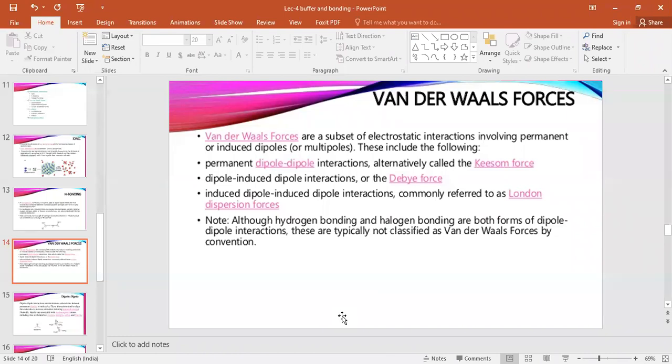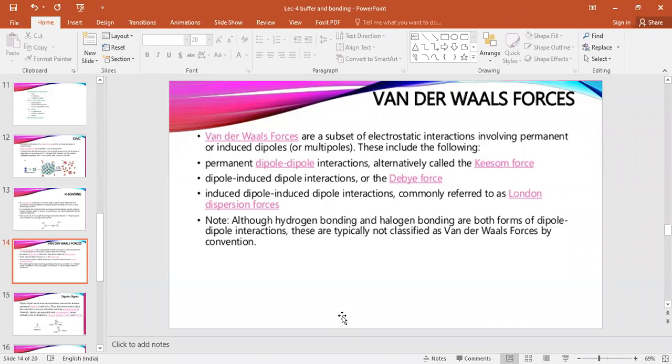And when there is an induced dipole and induced dipole interaction, it is called the London dispersion forces. So you need not go into what is the induced dipole, what is dipole. Just remember that dipole-dipole interaction in van der Waals is known as Keesom forces, dipole and induced dipole is Debye forces, and induced dipole and induced dipole is London dispersion forces.